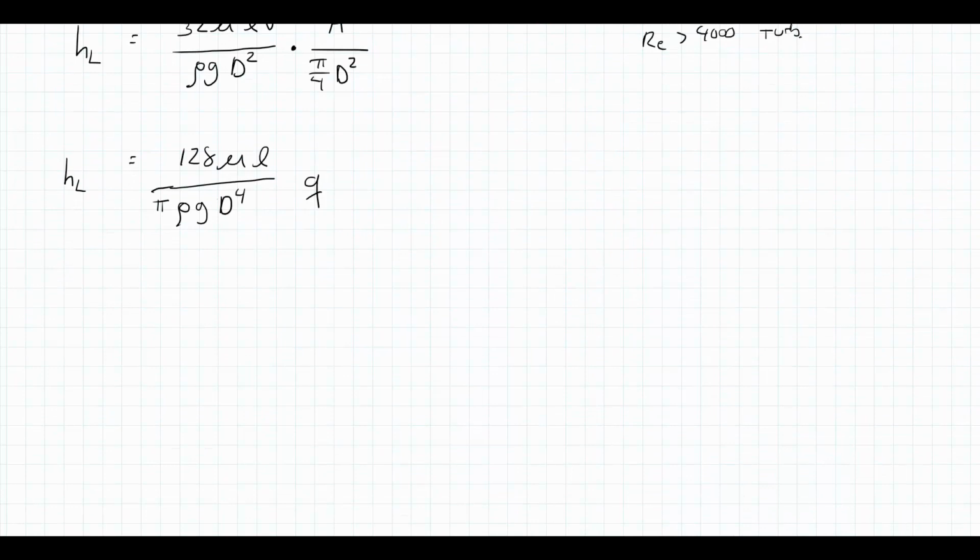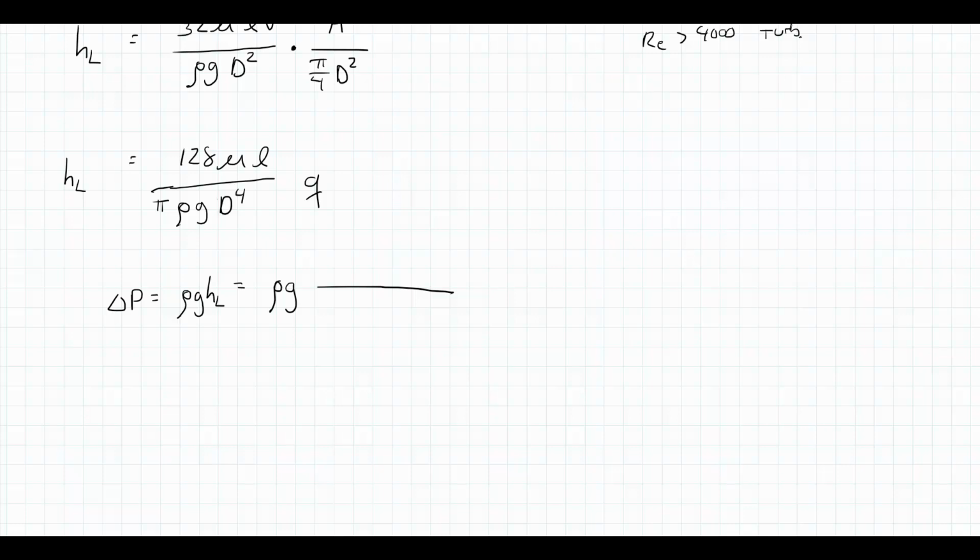Now, I also know that the change in pressure is going to come from this head loss. So the change in pressure, I'll call it still delta P for now and then drop the delta, is going to be rho times g times the major head loss. So what does that equate to? Well, I have rho, I have g, and now I can substitute in what I have for the head loss in this circular pipe with a laminar flow.